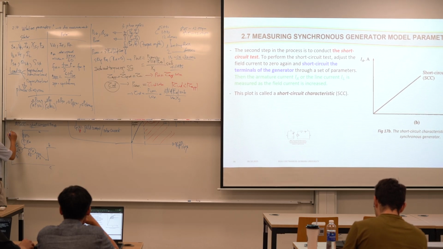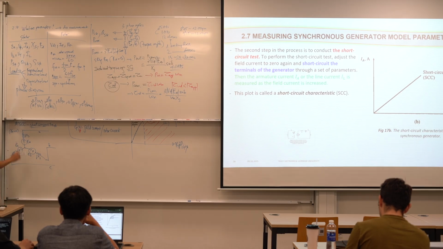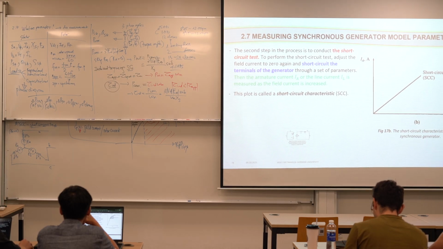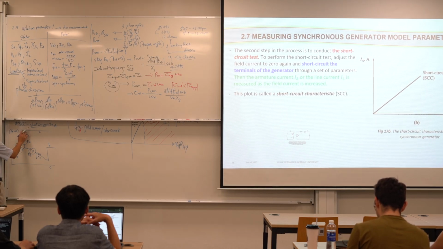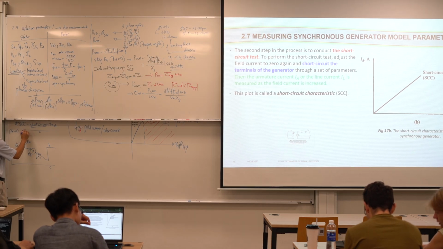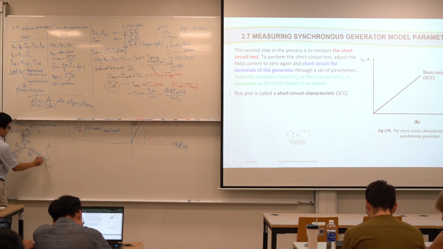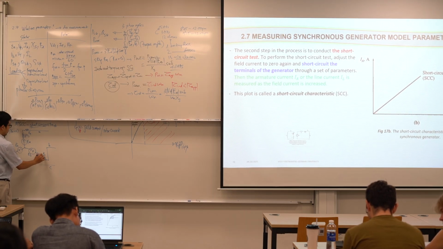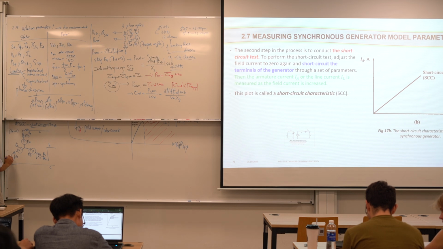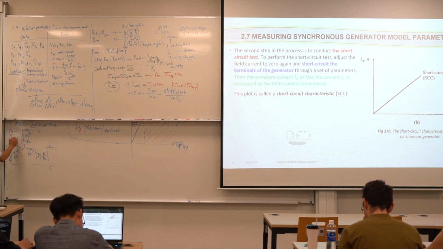Of course, we assume this RA is 0. If RA is different from 0, of course we have RA. It depends on the assumption.